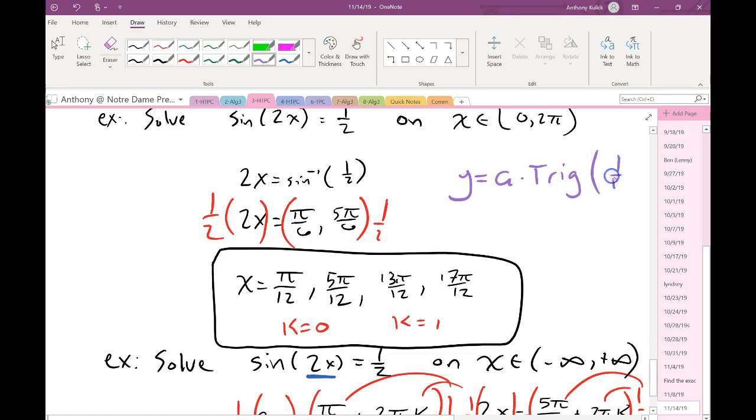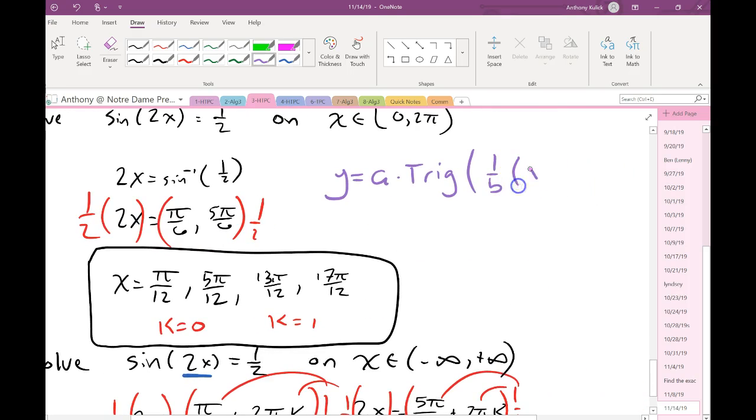So remember that we can describe the graph of any of these trig functions in this fashion, right? What did the coefficient on x do?